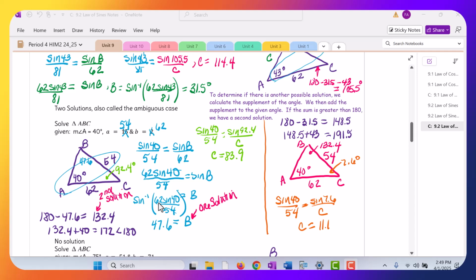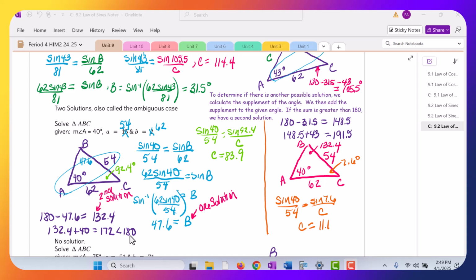The second one here, we get the 47.6, but when I find its supplement of 148.5, and I add that to the 40 degrees that I had here, we do not exceed 180. We get 172, which is less than 180.